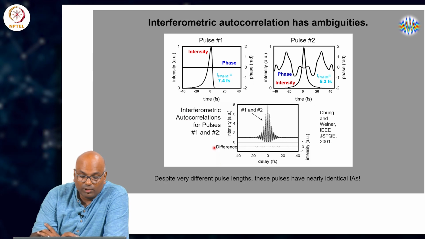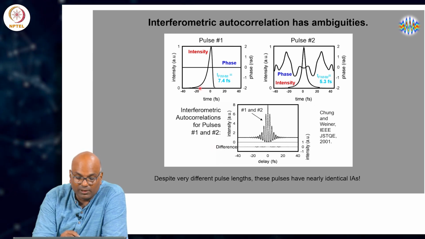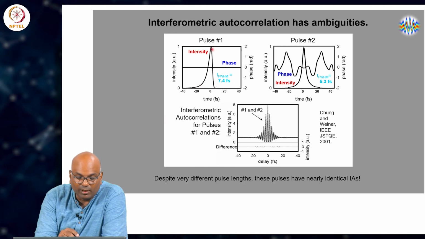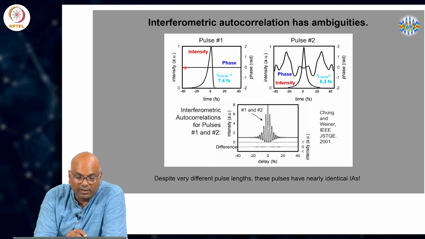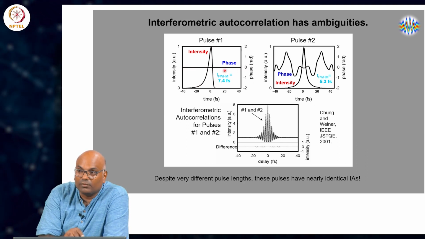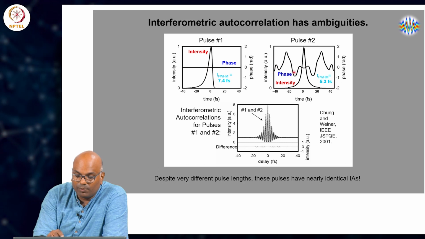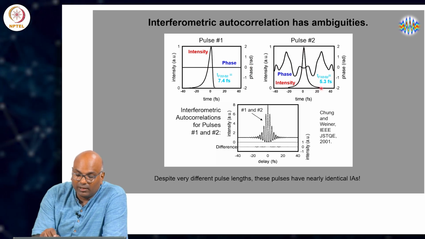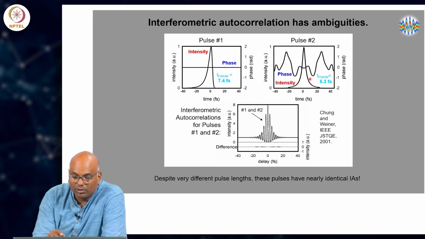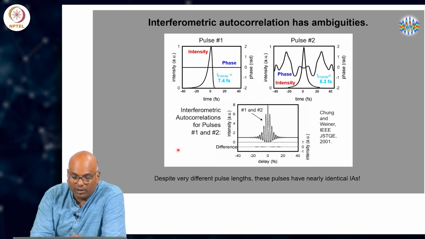For both of these pulses, look at this pulse to the left, it has a slightly asymmetric Gaussian profile in intensity, with a flat phase profile, whereas here the phase profile is not flat and the intensity profile is fairly symmetric. Their FWHMs are also apart by about a couple of femtoseconds.